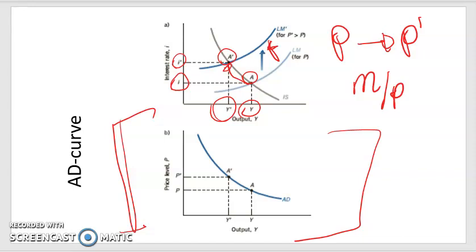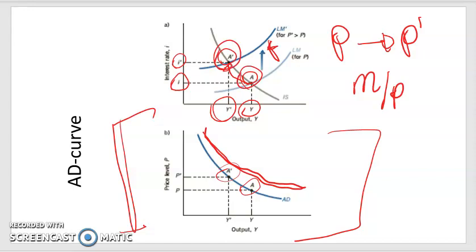So the negative relationship between output and the price level is drawn as the demand function, which is a downward sloping curve. This curve right here. Points A and A prime on the aggregate demand curve correspond with those of the LM and IS relation here.